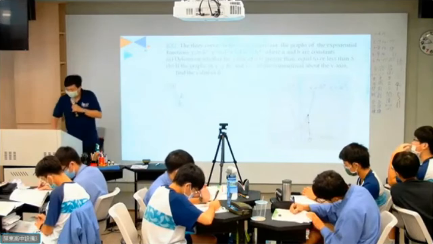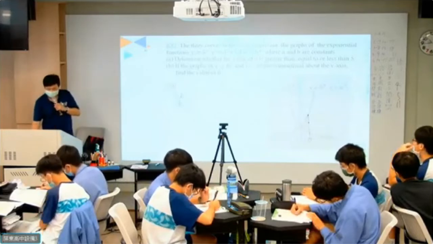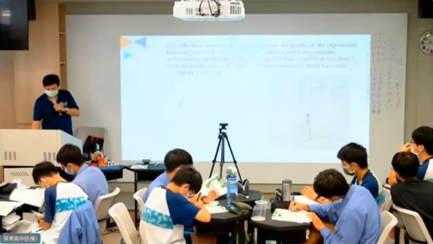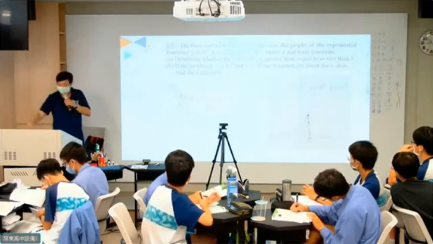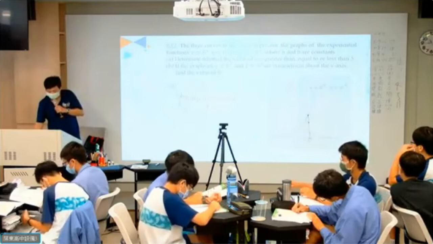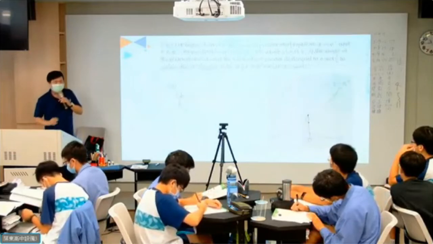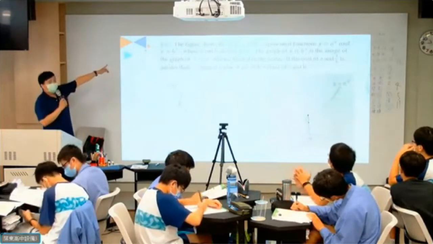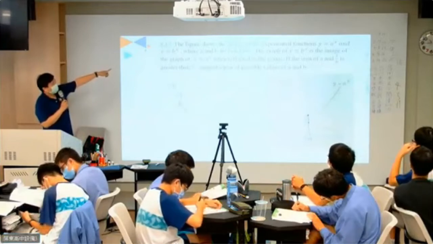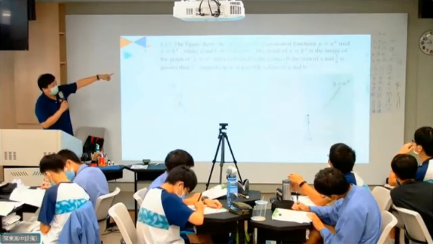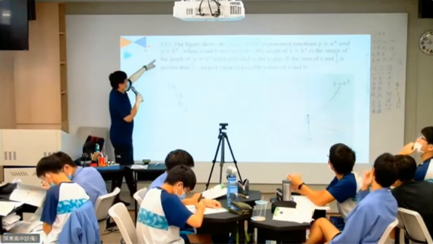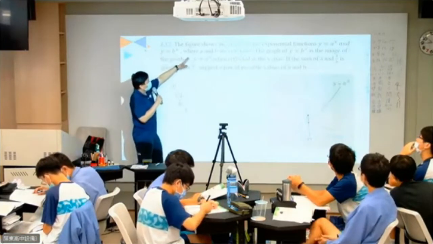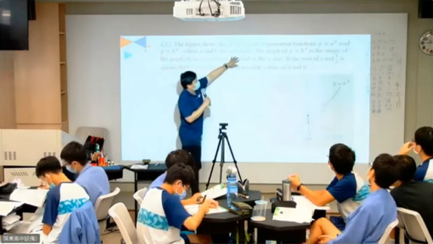Okay, example 1. No problem? Any question? No? Okay, let's see another question. Example 2. The figure shows the graphs of the exponential functions y is equal to a to the power of x and y is equal to b to the power of x, where a and b are constants.